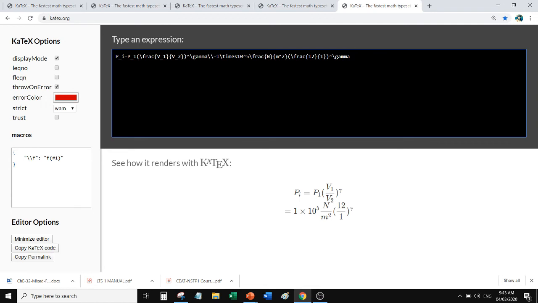The units will cancel out, so it doesn't matter actually what unit we use for pressure.